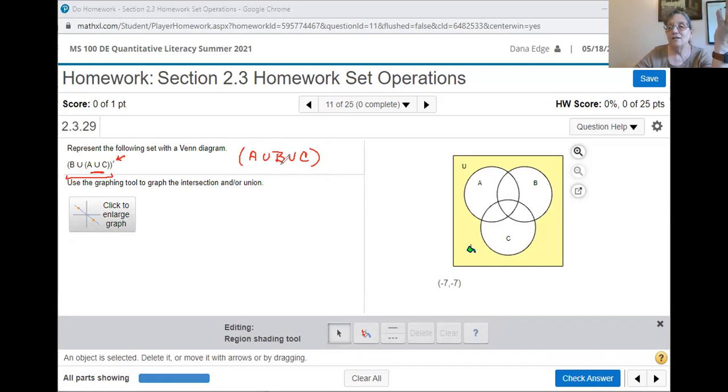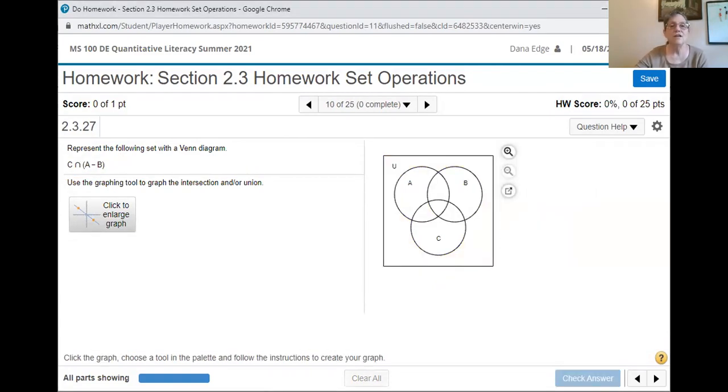If I take the union of A and B and then I add C to that, I'm going to have the same as if I had the A added to the union of B and C. And so the complement of that would be the part of the universe that is not in A or B or C.